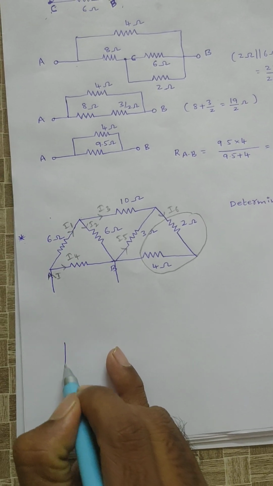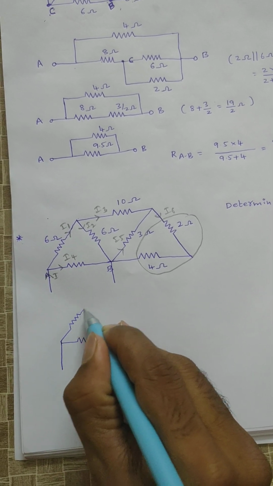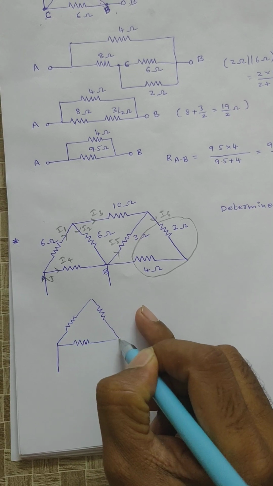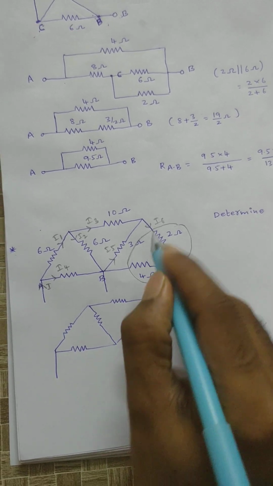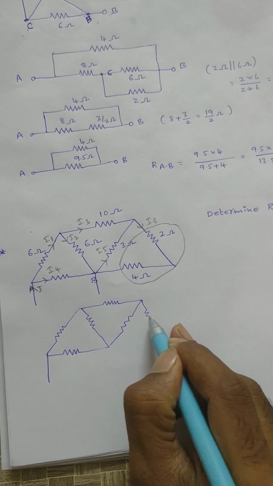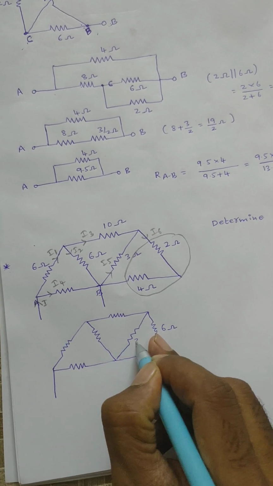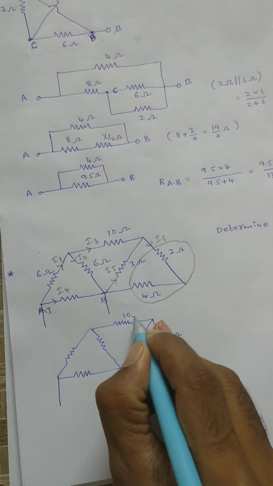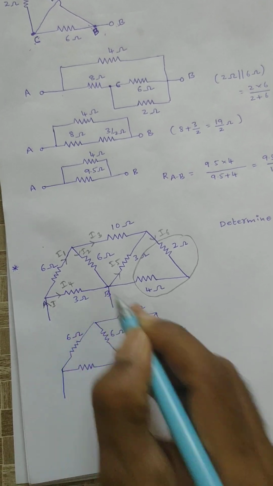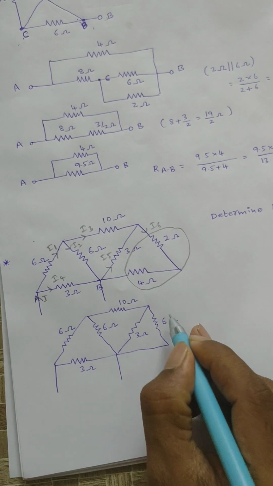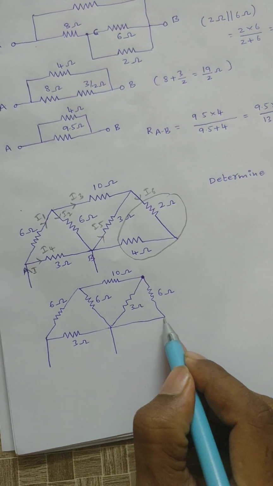Then the equivalent circuit will be like this. These two resistors are replaced by a single resistor, that is 6 ohm, 3 ohm, right? 10 ohm, 6 ohm, 6 ohm, assume 3 ohms, again these two, starting end is connected to a common point, finishing end also connected to a common point, right?